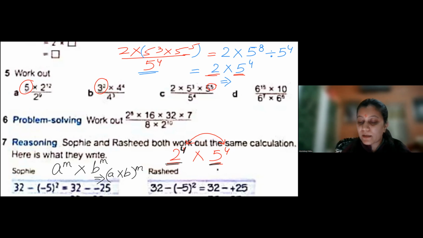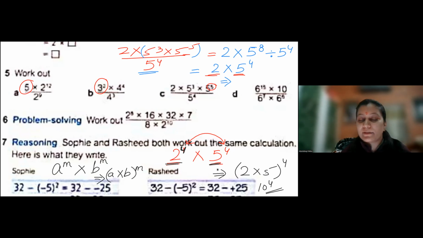So here, if it was 2 to the power 4, then we could have written it in this way: 5 multiplied by 2 combined power 4. Then it would have been 2 into 5 is 10 to the power 4. So either of the two should be same, either the bases or the powers.